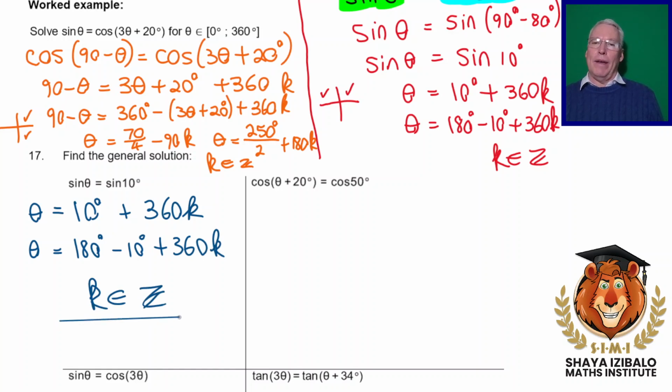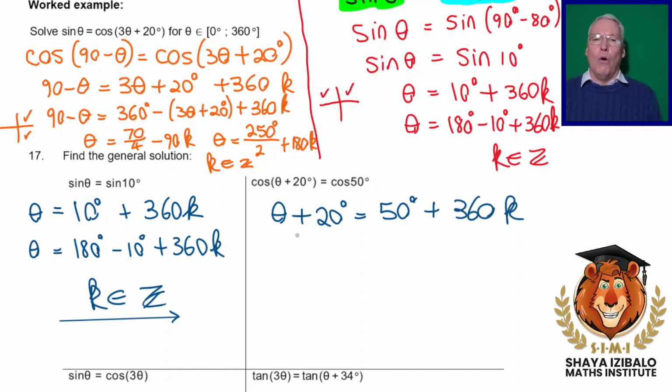Okay, now the next one is slightly more interesting because this time we've got cos equals cos. So it's not actually much more interesting. Let's put them equal to one another. So theta plus 20 is 50 degrees plus 360k.